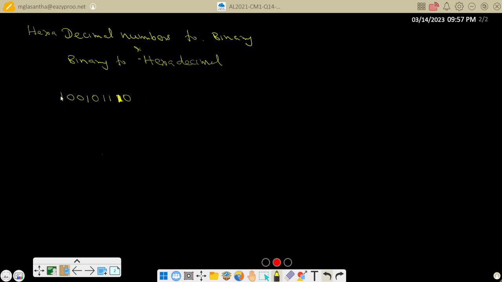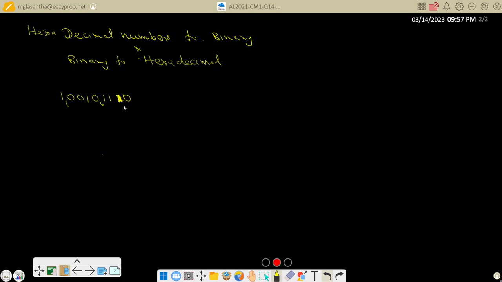Now this is a binary number. It is obviously a binary number, no? Now this binary number you separate into 4 digits like that, starting from the right hand side.